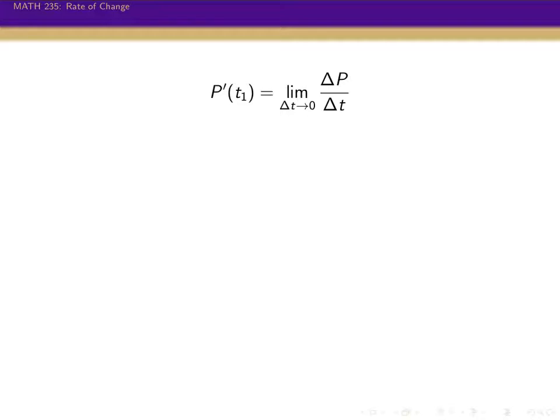Limit means that this average rate of change, as delta t is getting smaller and smaller, is getting closer and closer to this one value, p prime of t1. So the delta p over delta t is getting closer and closer to p prime. That means that if delta t is small, these quantities are going to be very close to each other. That's what a limit means.